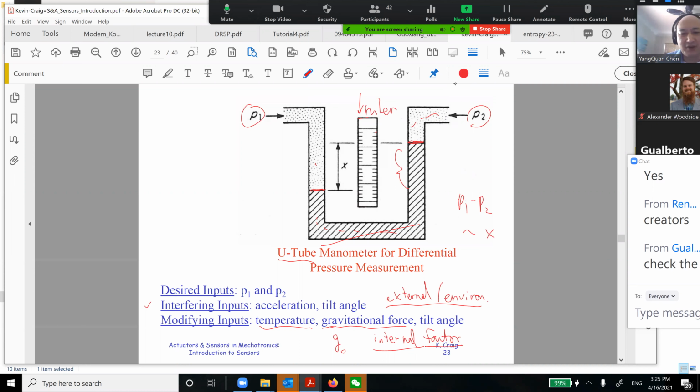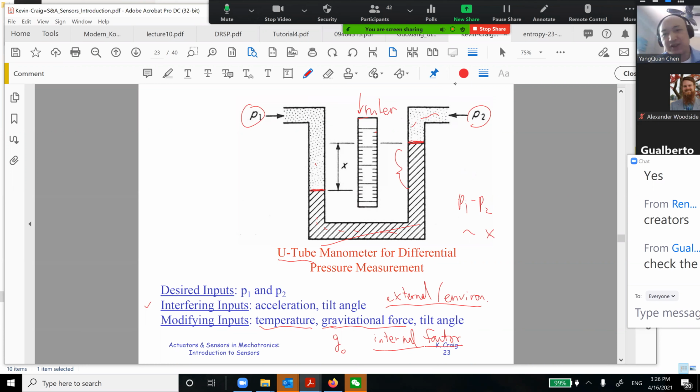Modifying inputs like temperature: in a different room temperature, the expansion coefficient of the liquid is different. You have gravitational force. Say, for example, you measure at this height above sea level versus going to a very high mountain. I think the readings will be different. And so on and so forth, okay?